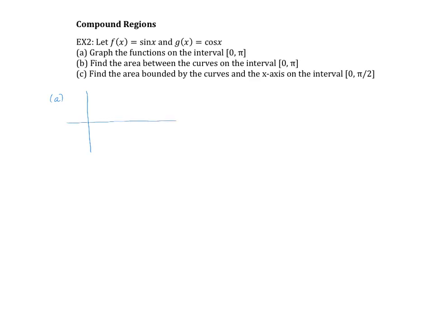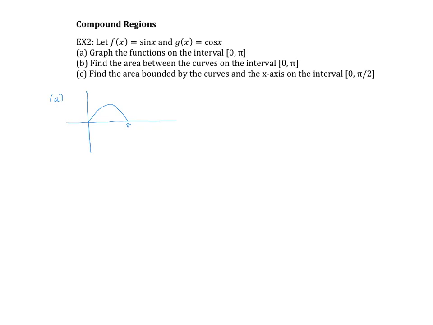Our sine function starts at 0, and then it goes up to 1, and then it comes back down at pi, and it's 0 again. Remember, I'm only graphing it on the interval from 0 to pi.